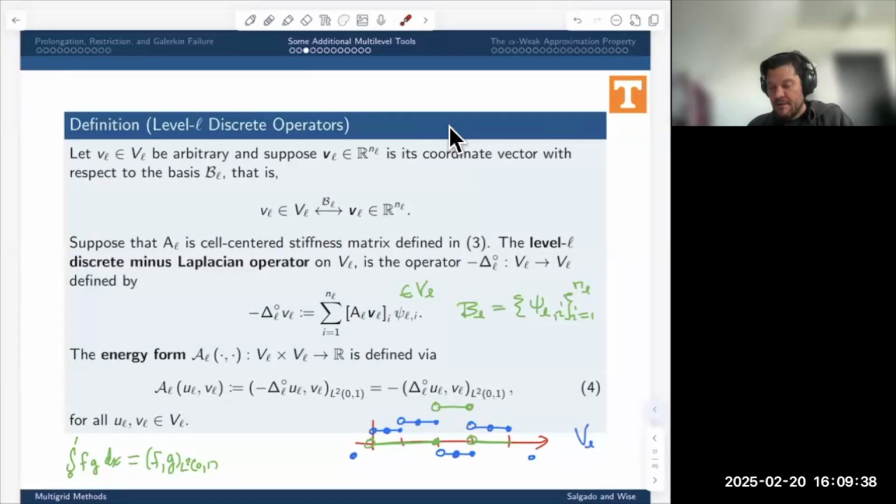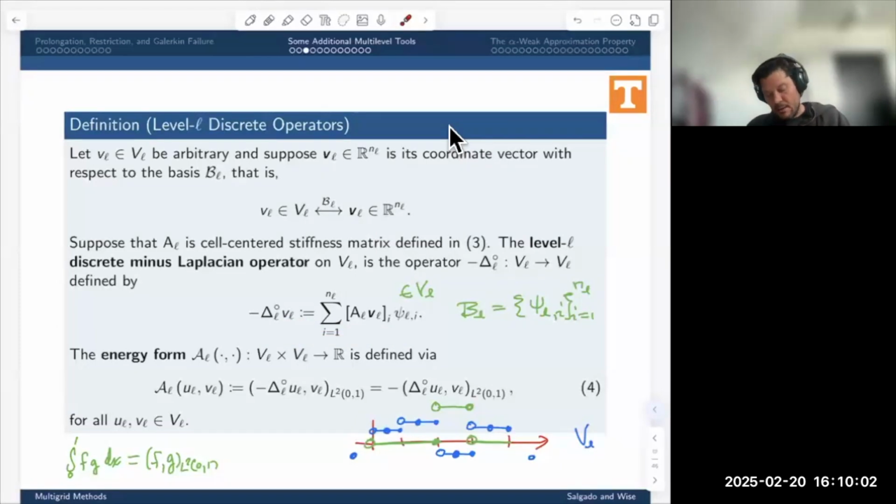I'm going to multiply the stiffness matrix times VL to get new coordinates. And then I'm going to use those in a basis expansion to obtain a new piecewise constant function in VL. And so that resulting function is going to be given by this formulation.